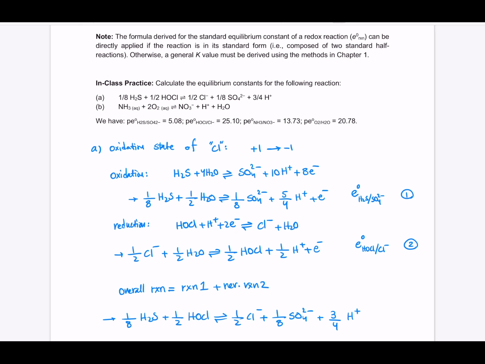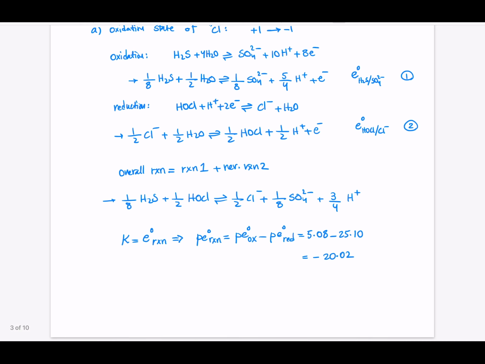So plus 1 to minus 1 is reduction. We have considered it in oxidation? No, it's reduction. Oh, okay. Yeah, no worries. So I need to double check this example. I'm 90% sure that this is what we got.